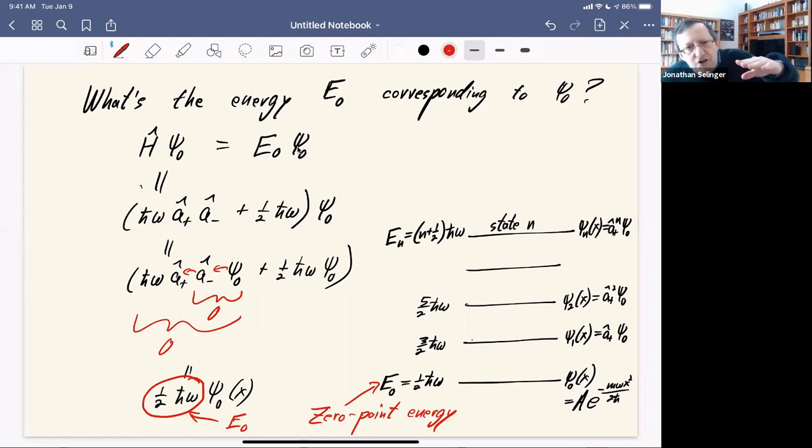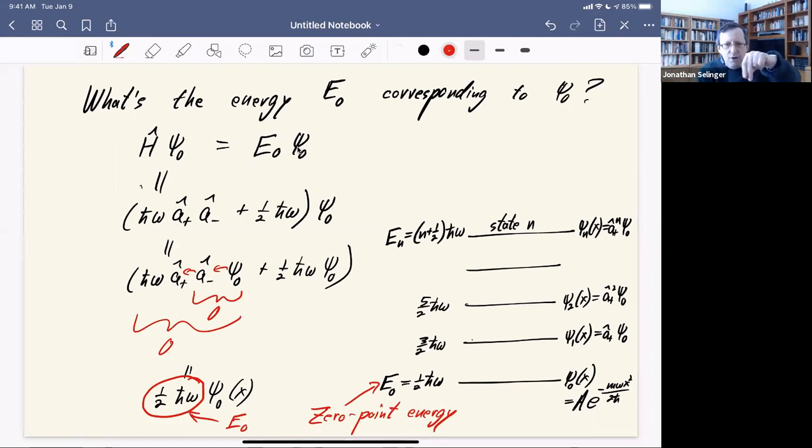For a classical harmonic oscillator, you might have a particle that's right at x equals 0 and it's not moving. It's just sitting at the bottom. And so it has 0 kinetic energy and 0 potential energy, so 0 total energy. But in quantum mechanics, that's not the case. Even at the bottom, there's a little bit of energy.